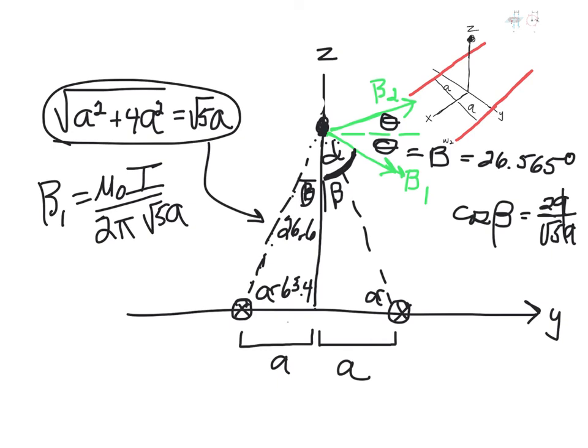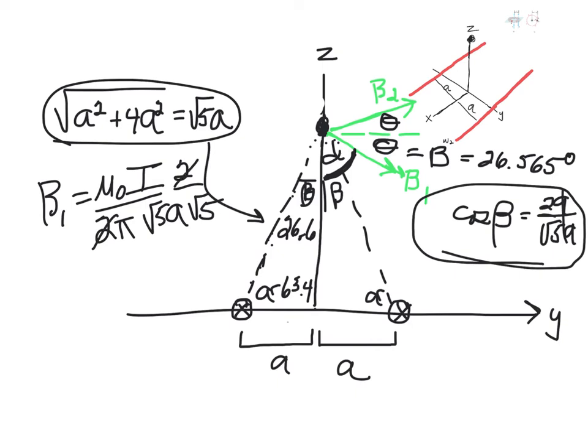But then we need the cosine of theta. And the cosine of theta, you can go through it on your own, but I got it. It's 2 over the square root of 5. So it simplifies. The 2's cancel, and the 2 square root of 5's give you 5.